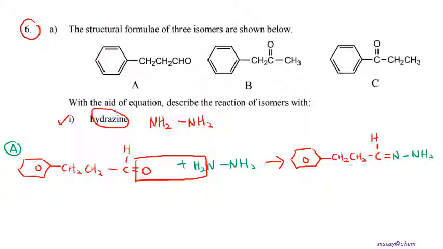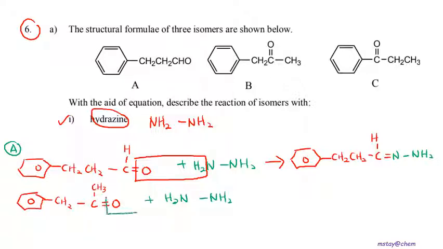Same case, we also have a benzene ring, and then we have CH2, C, and I will change the double bond O with the CH3 like this, and then react with hydrazine.